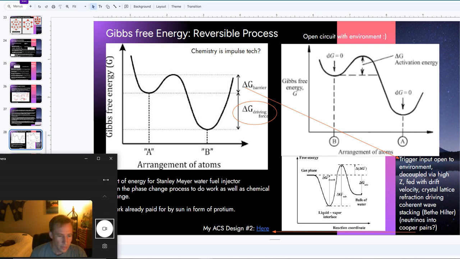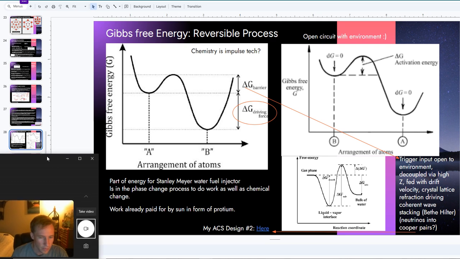Alright. So basically, I was talking about how you have this trigger input energy open to the environment, and you decouple that with impedance, like a light hitting a wall, and so you feed with drift velocity displacement current to displace charge, so the dipole can keep ringing, but you can actually pull some energy into a load, or it pulls itself or whatever.